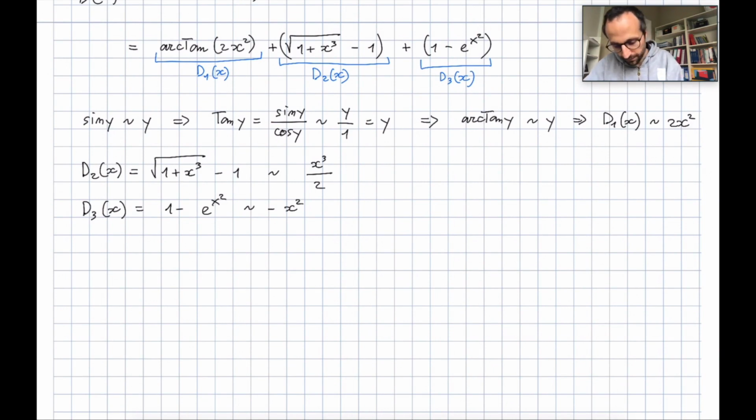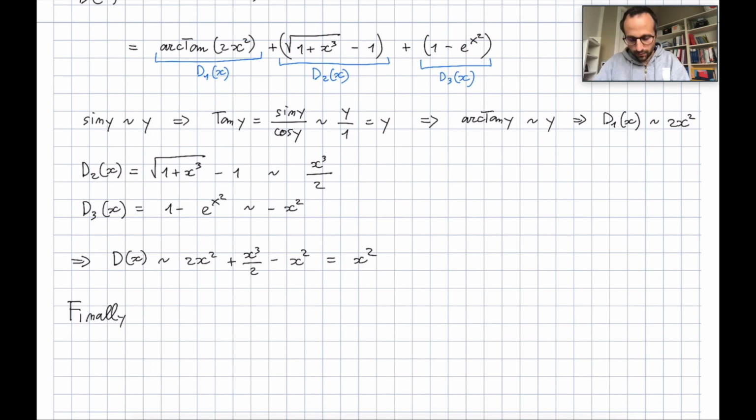Okay, finally, I obtain that the whole denominator is asymptotic to 2x squared plus x cubed over 2 minus x squared. So altogether, this gives me x squared, because this second term is negligible, much smaller than the terms with x squared.